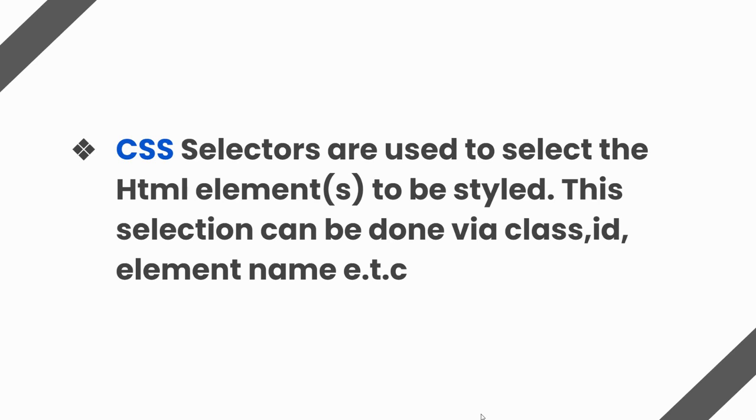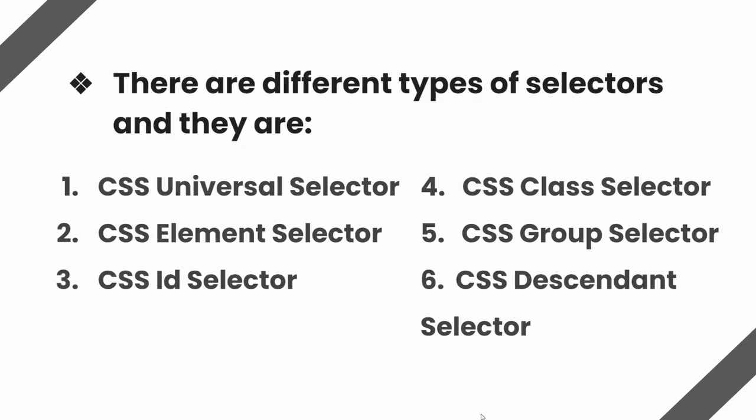In fact, some of these selectors even let you select different HTML elements at the same time. So we'd also see that too. So that way you would know that you don't need to just pick a particular element by its tag name. You could also pick several tag names of different elements and style them at the same time. So we'll be seeing that in the next slide.